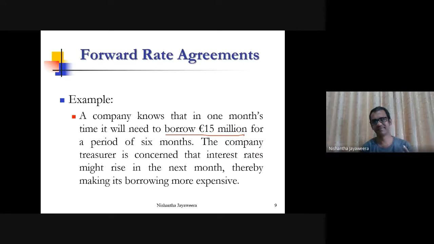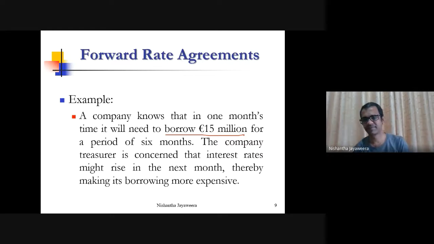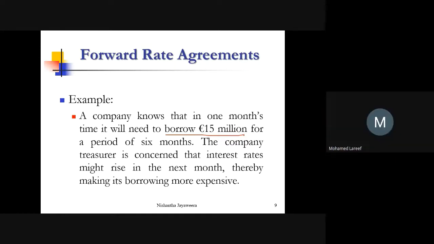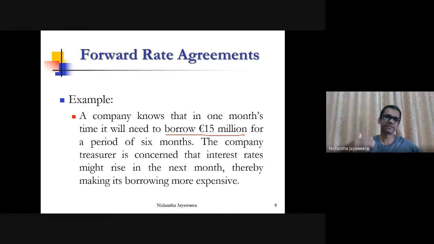Yes. What exactly? There will be a future interest rate. Whether it will go up or go down. Which one? So go up. If you think it will go up, then that's the risk as a borrower. Or if the future interest rate is low compared to today, then you can borrow at a cheaper rate.